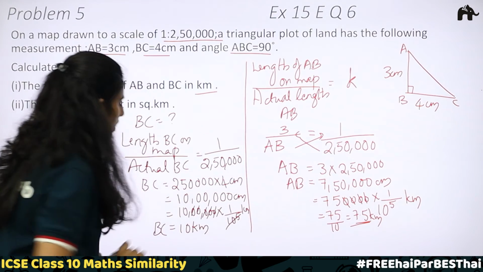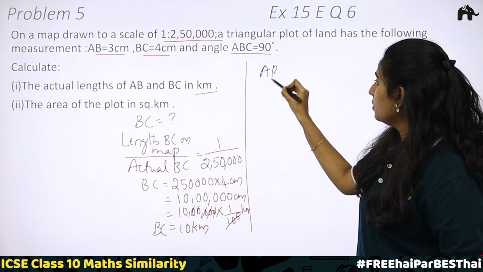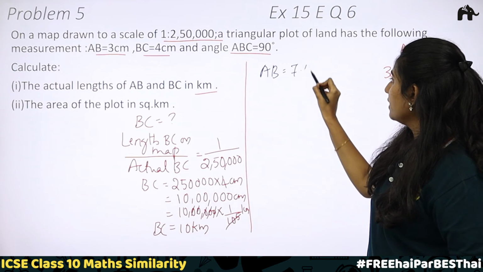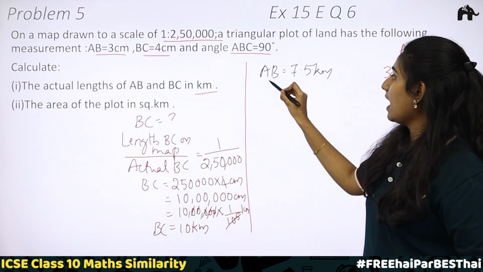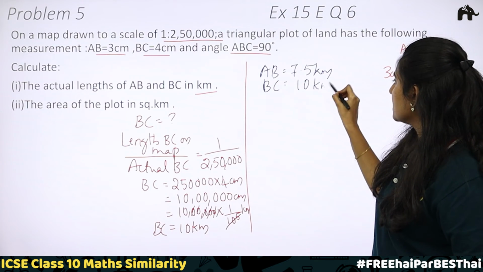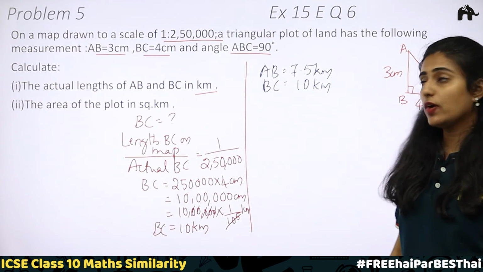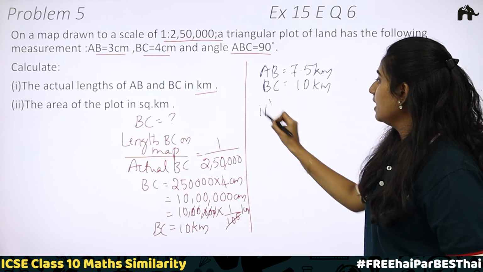BC will be equal to 10 kilometer. Therefore, we got AB is equal to 7.5 kilometer and BC is equal to 10 kilometer. We need to find the area of the plot in square kilometer. Second question, area.